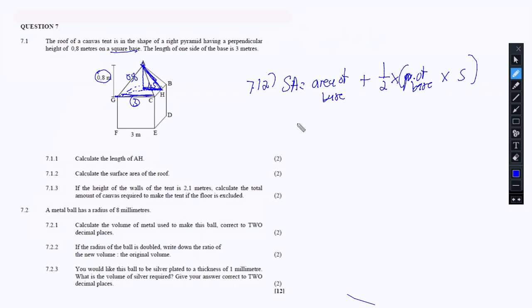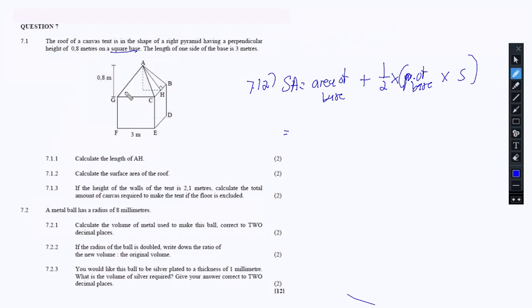Okay, then in this case, the area of the base is what? Remember, the base that we have is this one here. But if you think about it, if we are putting a tent over here, we know that this part here does not exist.